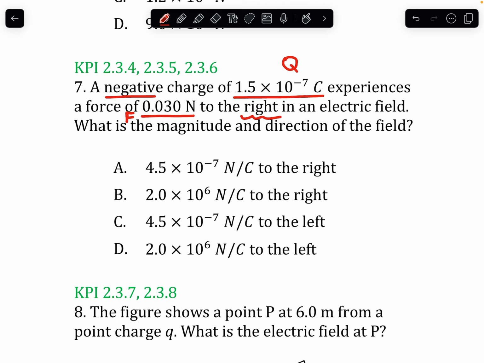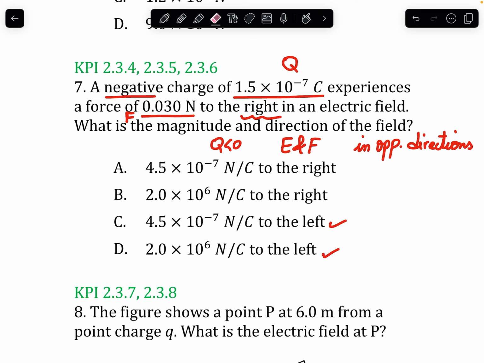Before talking about the magnitude, let us discuss the direction. Because it's a negative charge and the force is to the right, the electric field should be in the opposite direction. Because Q is negative, they must be in opposite directions. So it should be to the left.